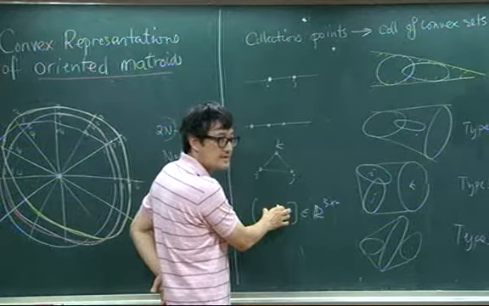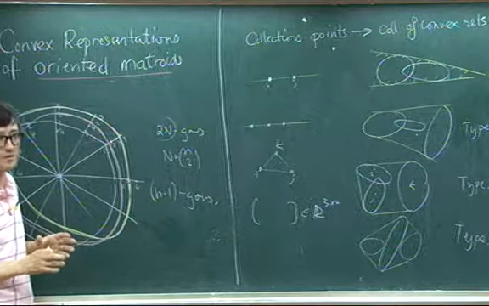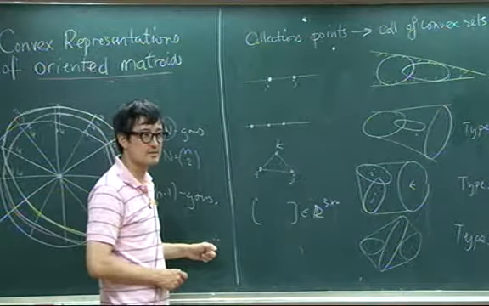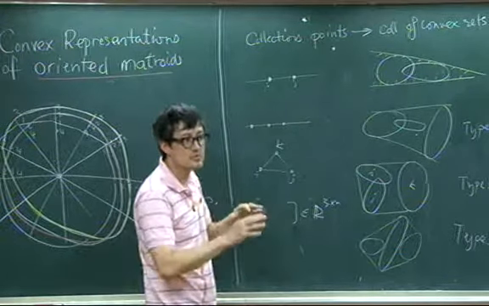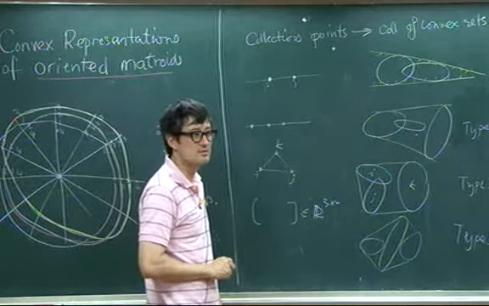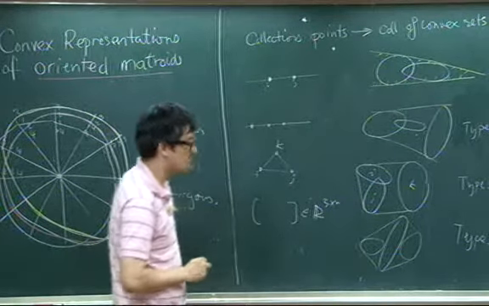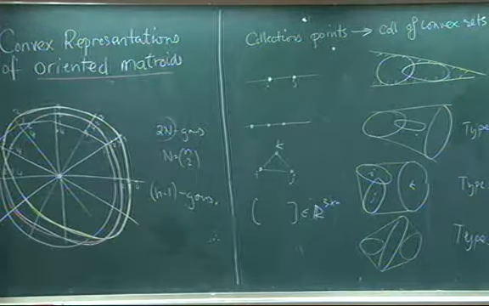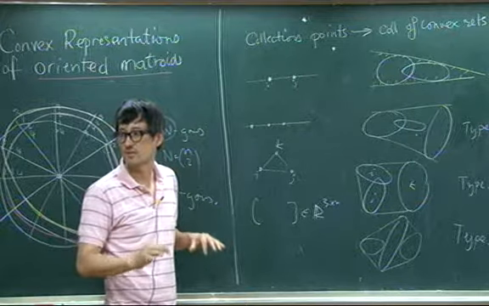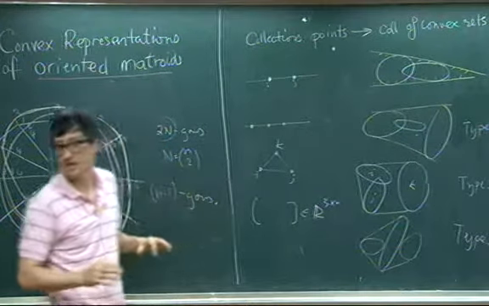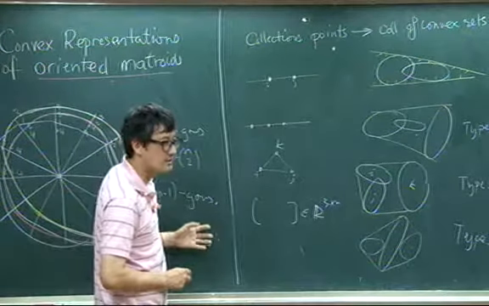Basically what Mnëv showed was that for any semi-algebraic set you want, he can construct a point set whose realization space is that semi-algebraic set, up to something called stable equivalence, which does not change the homotopy type of the set. So in particular, you can have point sets whose realization space has as many connected components as you want. You can have whatever Betti numbers you want. And this can happen here.